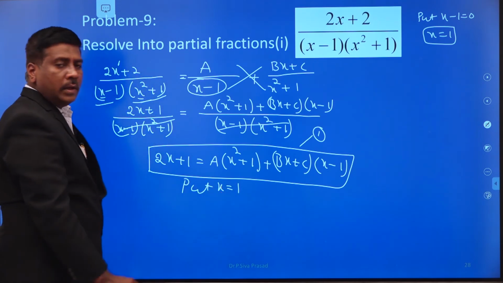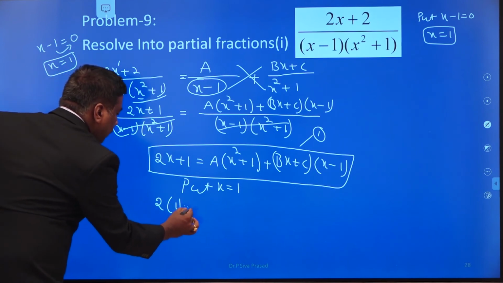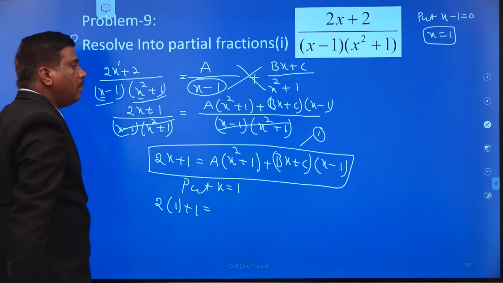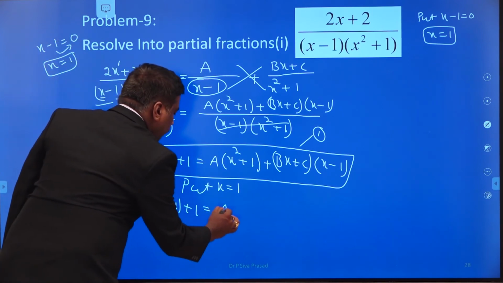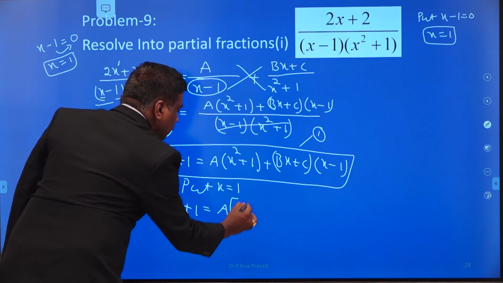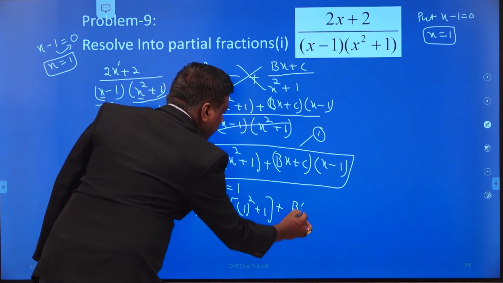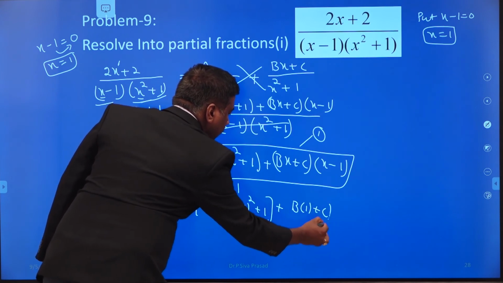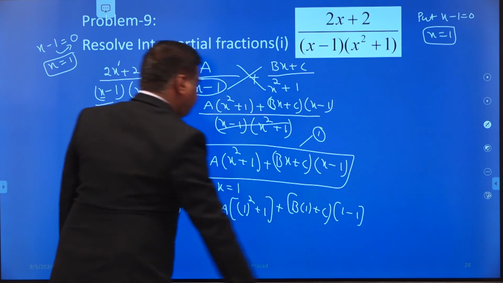Put x equal to 1 in this relation. Wherever x is there, put 1: 2 into 1 plus 1 equals A into 1 square plus 1 plus B into 1 plus C into 1 minus 1.